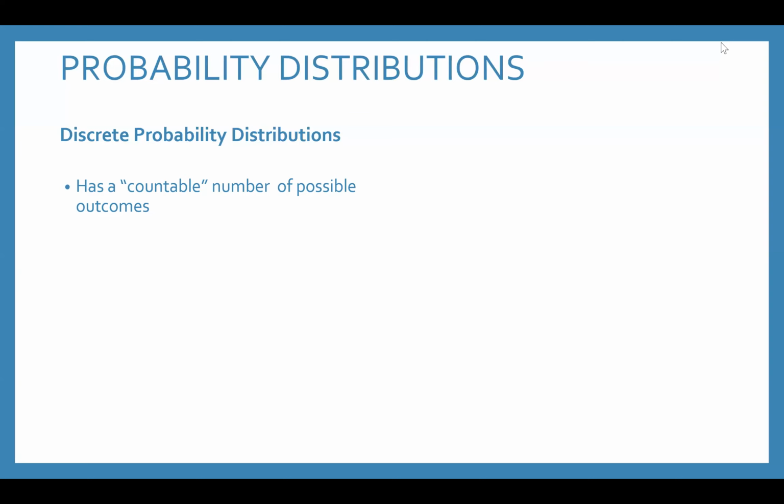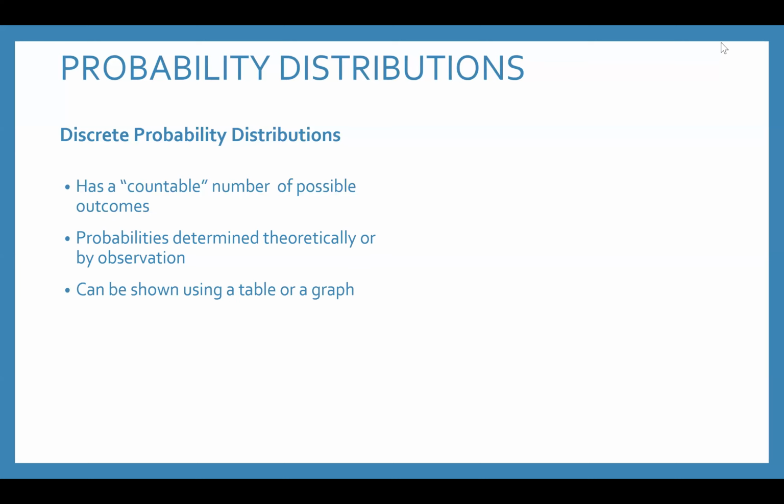So a discrete probability distribution has a countable number of possible outcomes, and most often is going to involve whole units. Very rarely in a discrete distribution are you going to have fractional units. The probabilities for a discrete probability distribution are determined theoretically or possibly via observation, meaning where you actually perform the experiment a number of times, or you look back at patterns over a period of time.